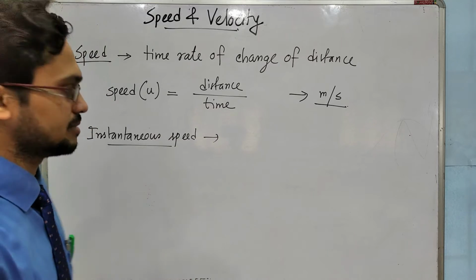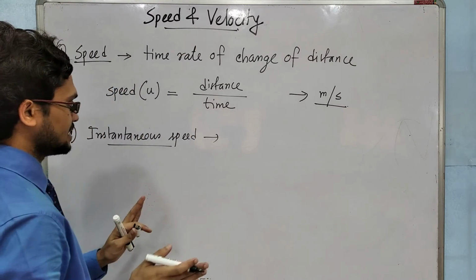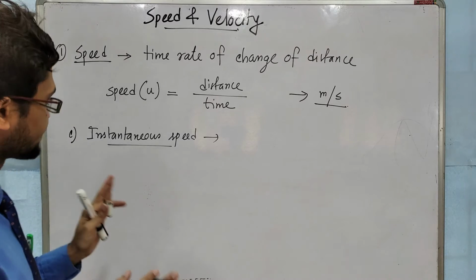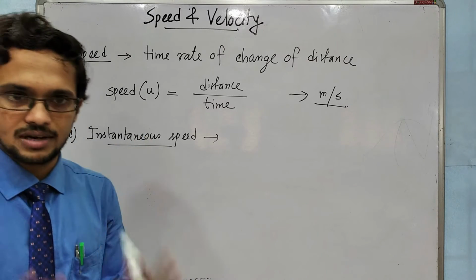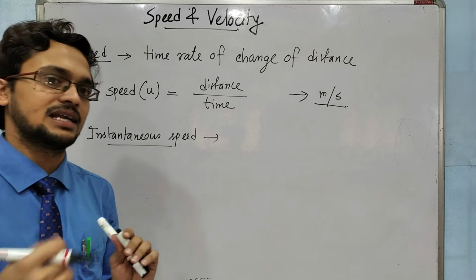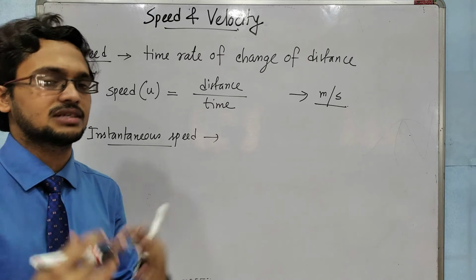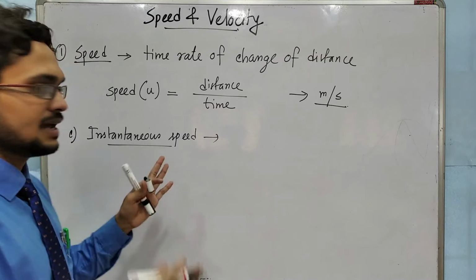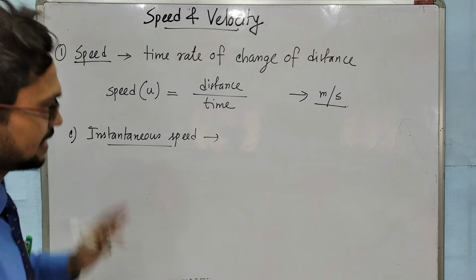That is instantaneous speed. So whenever an object is moving with variable speed, whose speed is changing with time continuously, then at a particular instant the speed of that object is instantaneous speed.